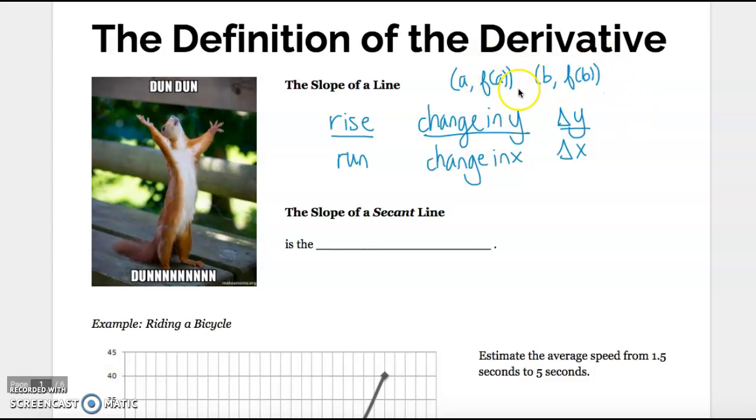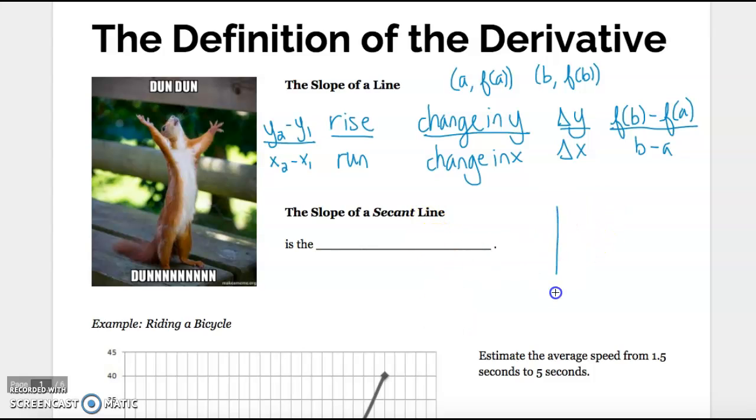If I wanted to find the slope between those 2 points, you would do f of b minus f of a over b minus a, right? Because this is y2 minus y1 over x2 minus x1. That's another one we can stick on here, right? These all represent exactly the same thing, and that is slope.